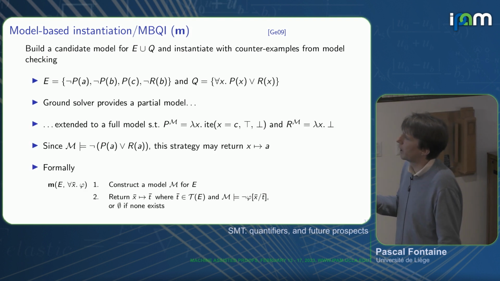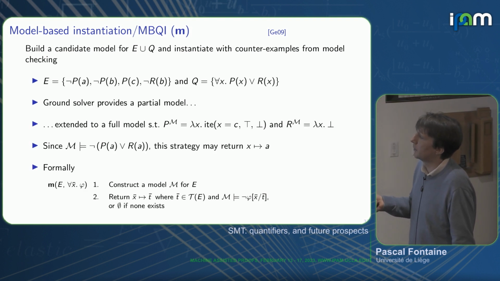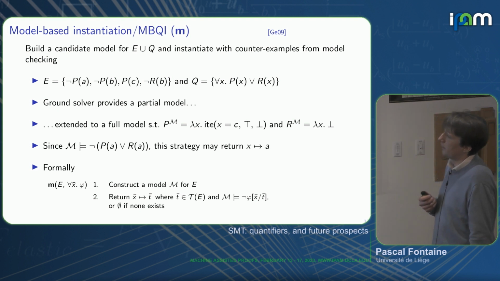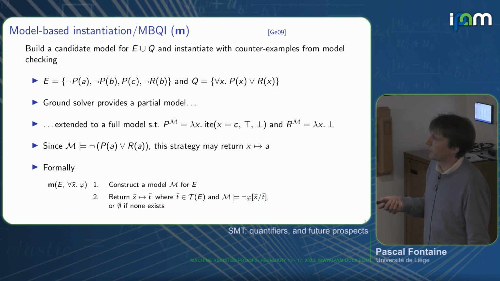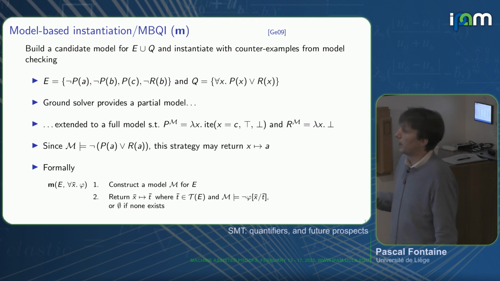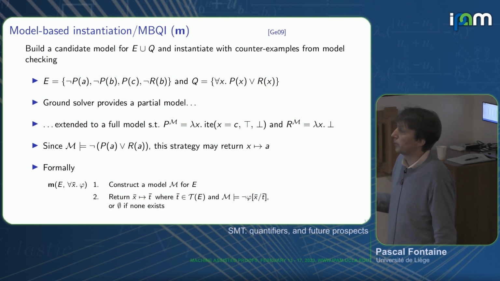So for instance, if you have, again, this set of ground stuff and this quantified formula, from this it will extend the model, and this model would make P true whenever x is equal to c.